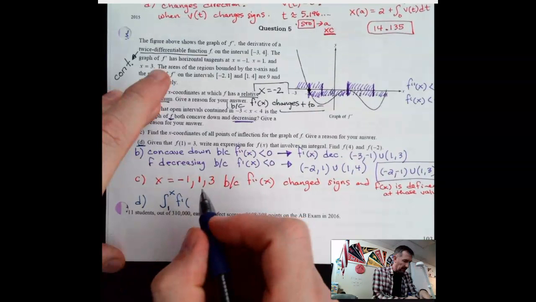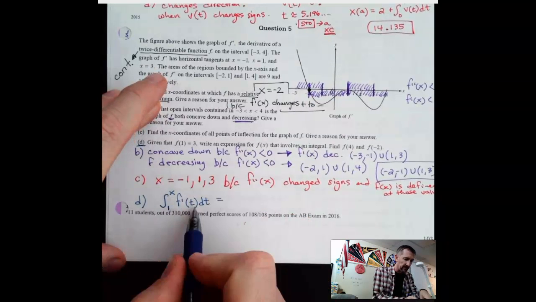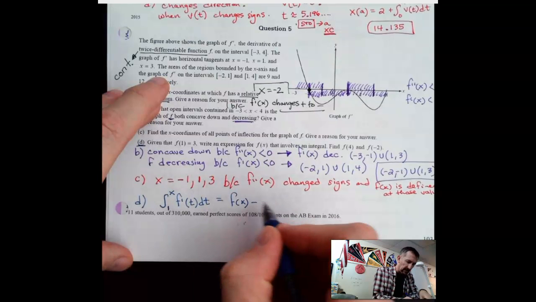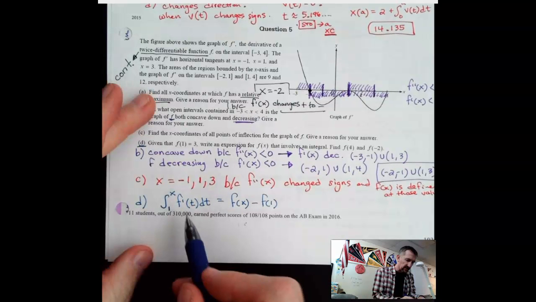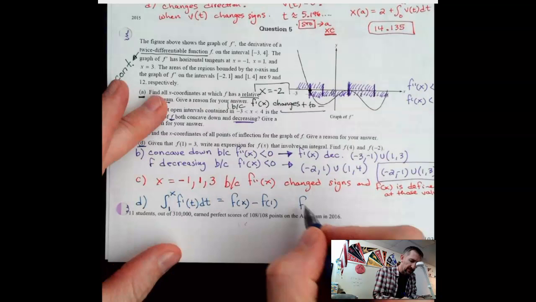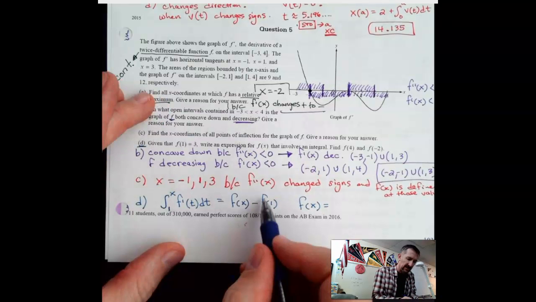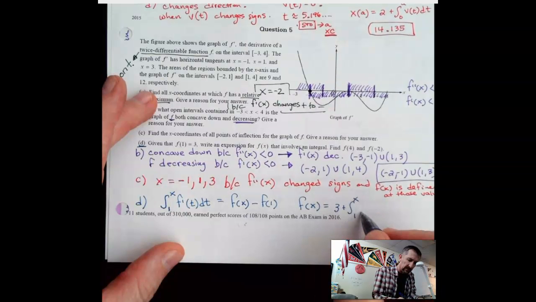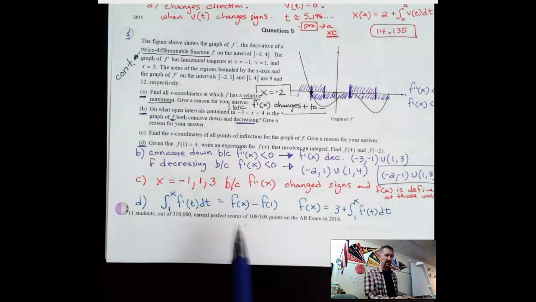And we want to use a different variable there, so we're finding for x here. So this is going to be f of x minus f of 1. And if we add that to the other side, then f of x equals, f of 1 was 3, so we add that over there. That's going to be 3 plus the integral from 1 to x of f prime of t dt. So that's our function for x.